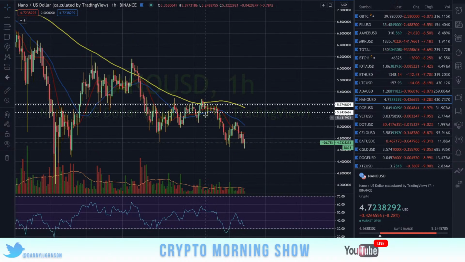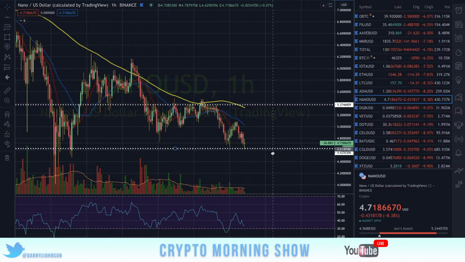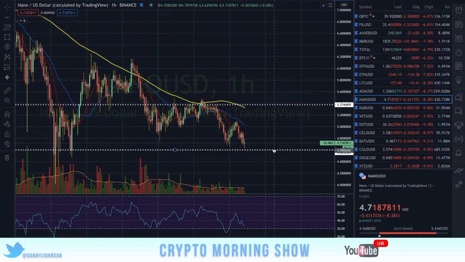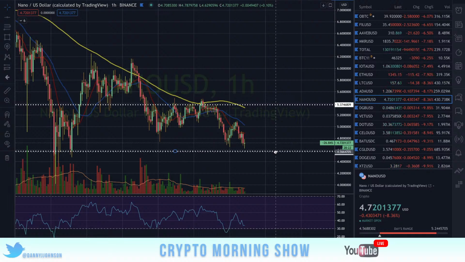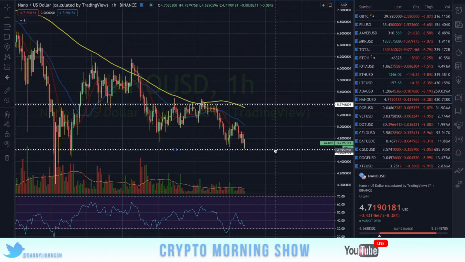Let's move on to NANO. As you can see, fell through that real tight range there. Exploded down here to the bottom. And we have this support level. We'll try the body of that candle over here for $4.59 USD.